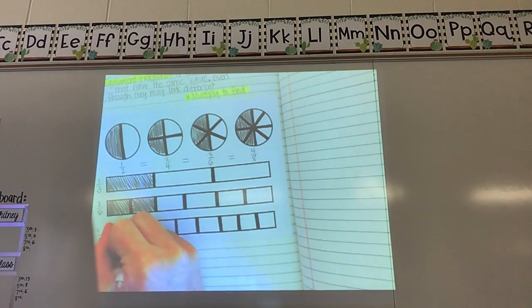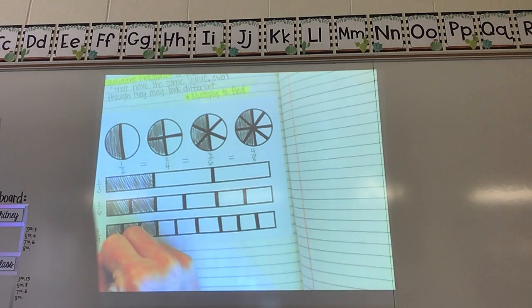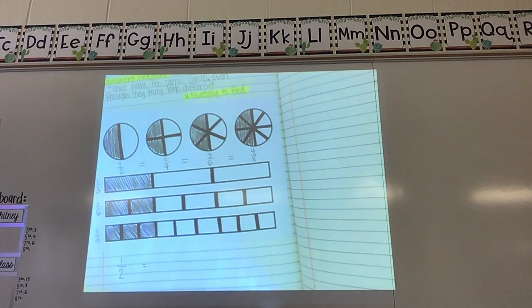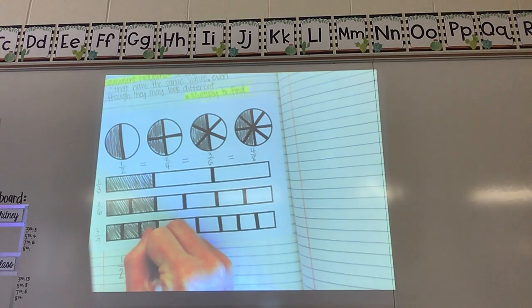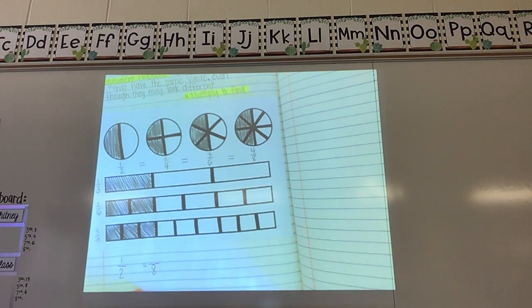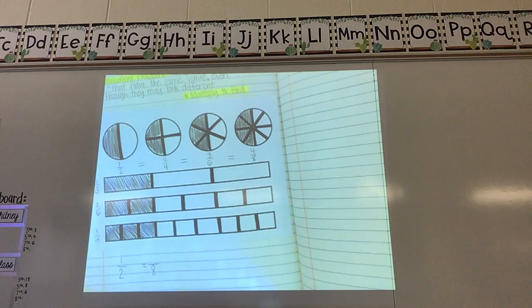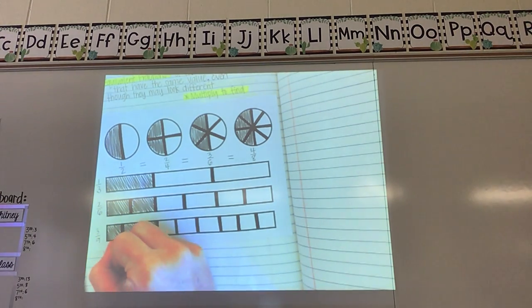I'm going to write down the fraction 1/2. And I want to create an equivalent fraction that has an 8 as the denominator, or an 8 on the bottom. We know we have to multiply to find an equivalent fraction. So in my mind, I'm thinking 2 times what would get me to 8? I would need to multiply by 4.